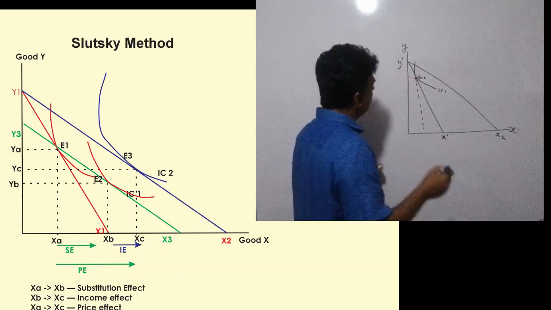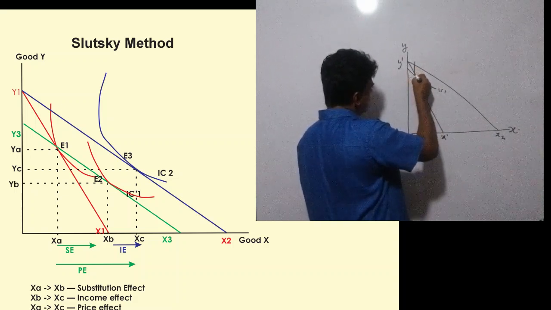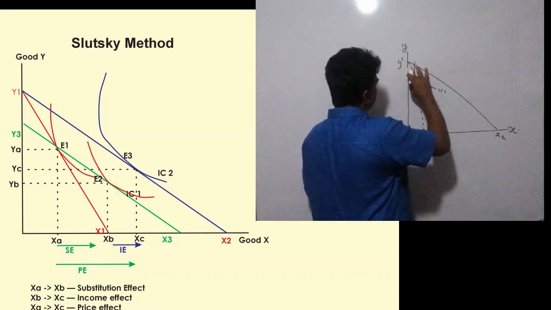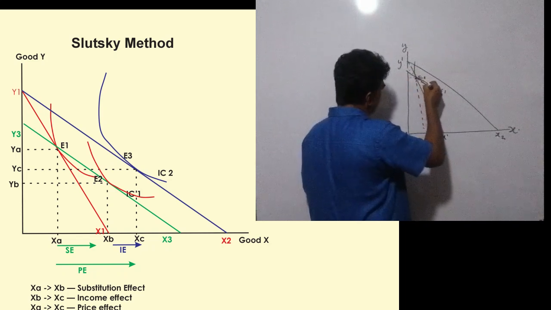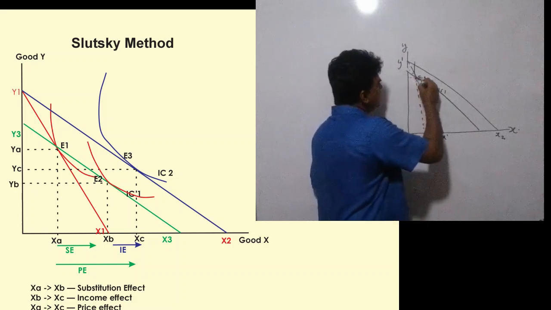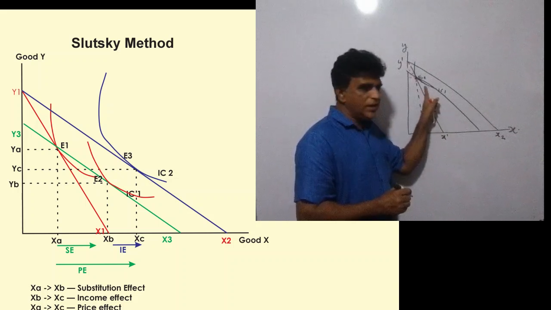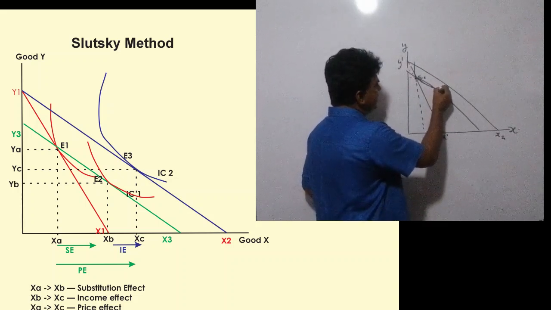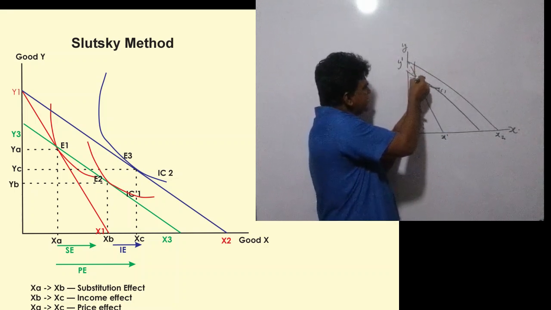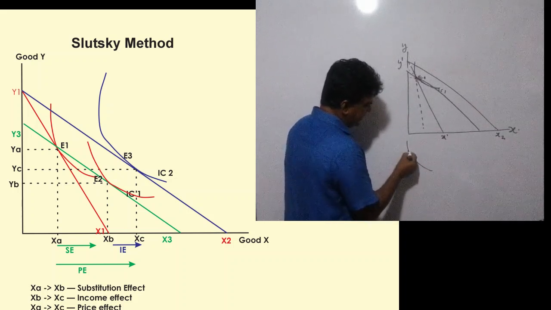Then what is happening? We are going to draw a parallel line that is not tangent to this indifference curve, but goes across the initial equilibrium point.